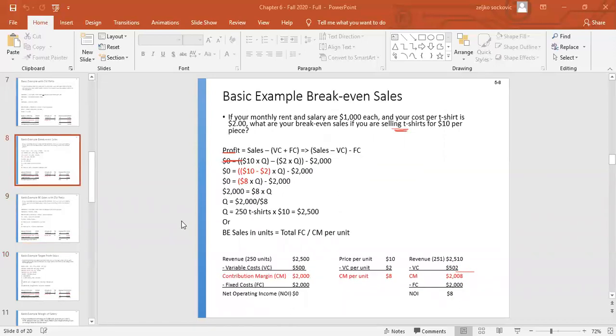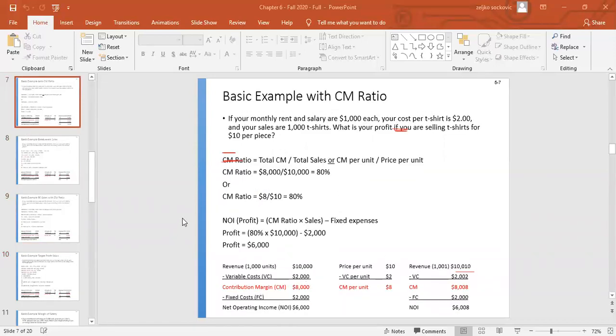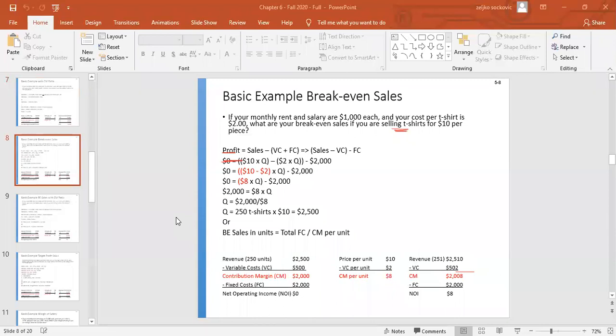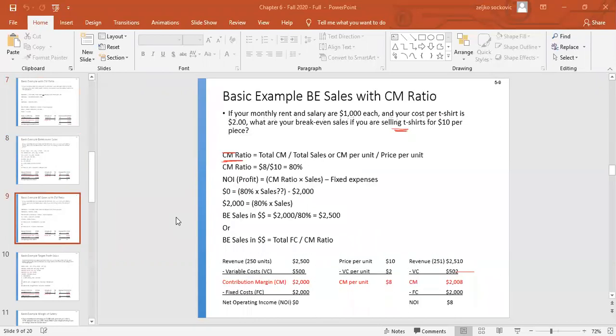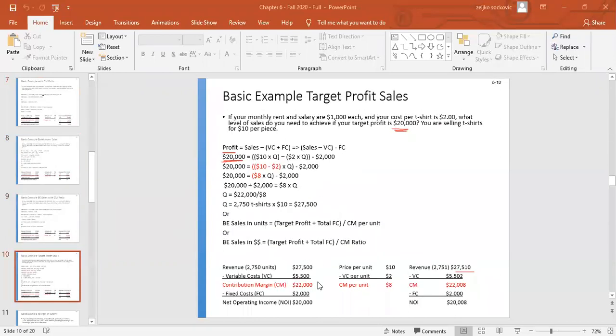The revenue was 10,000. Sales were 10,000. Break-even revenue was 2,500. But to make 20,000 in profit, we will need 27,500.